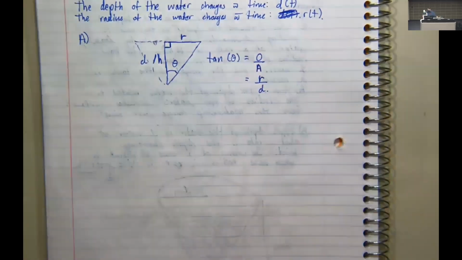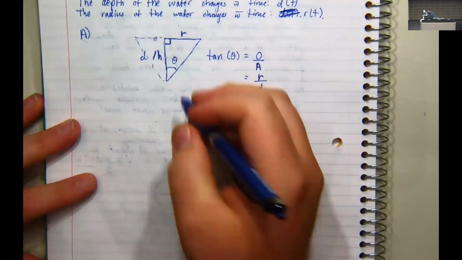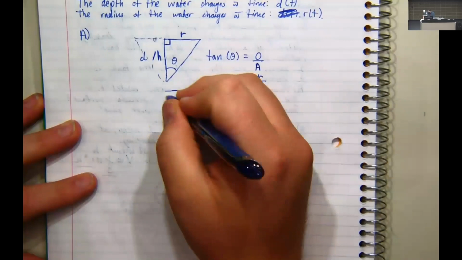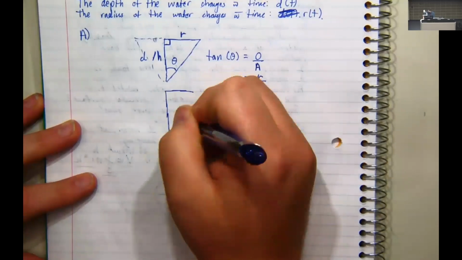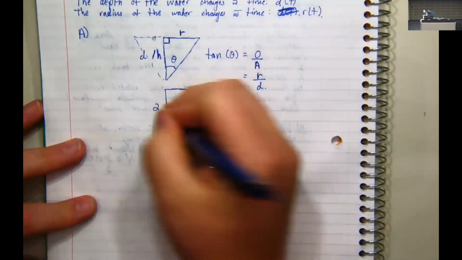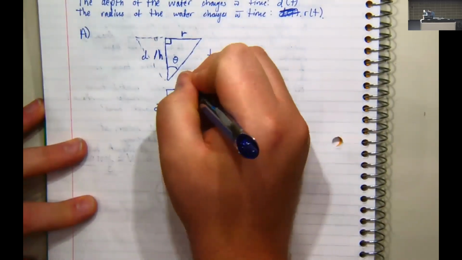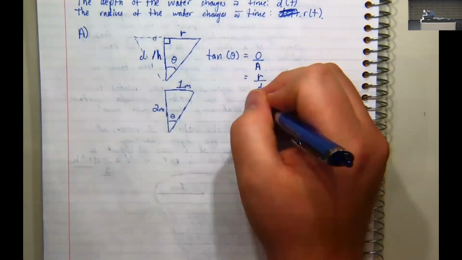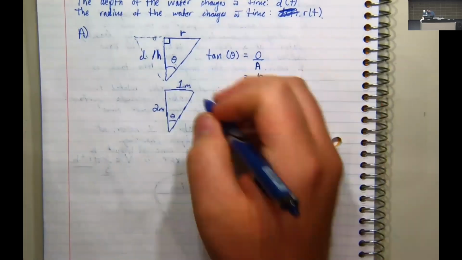And so at the start, let's say the cone is full, then our triangle becomes the same theta. This is going to be 2 meters, and this is going to be 1 meter. I'll put the units in there because the rate is in centimeters. Okay, and so that means we get radius is 1 over 2.